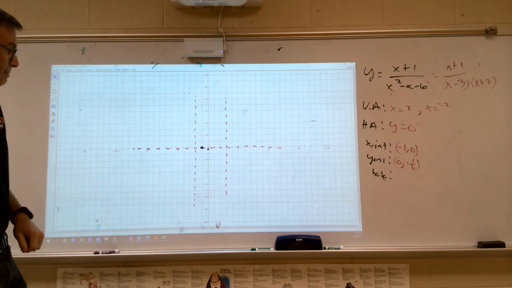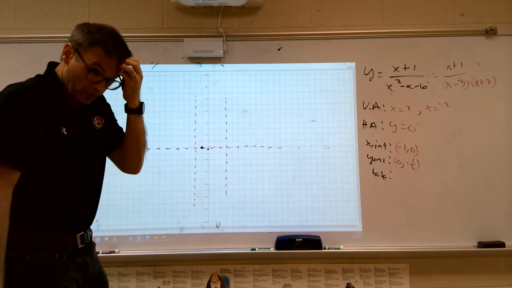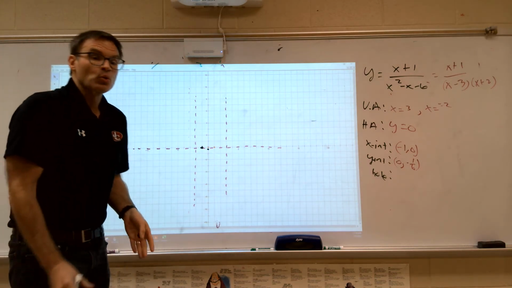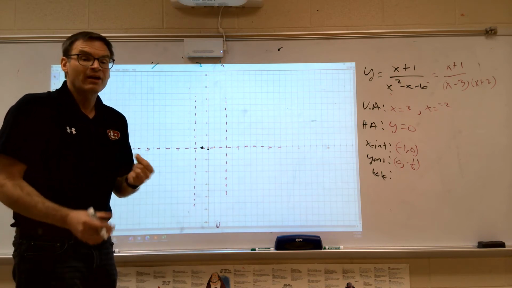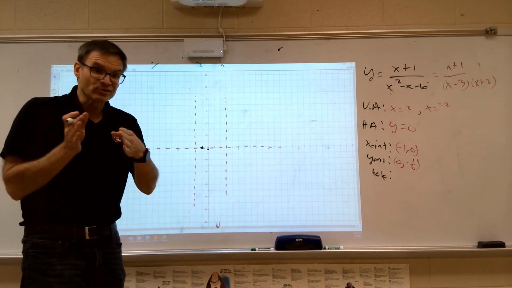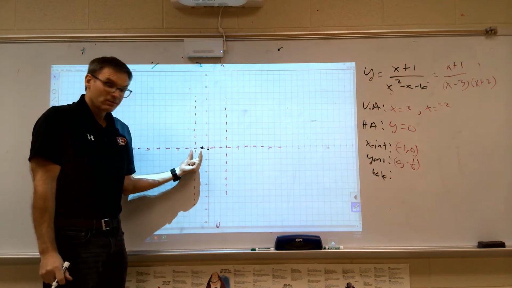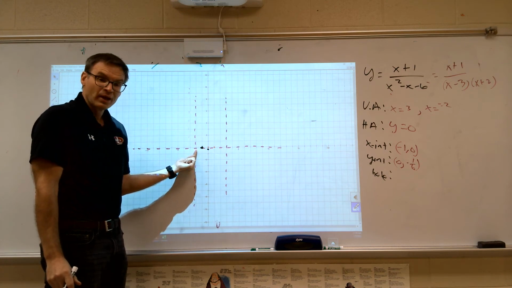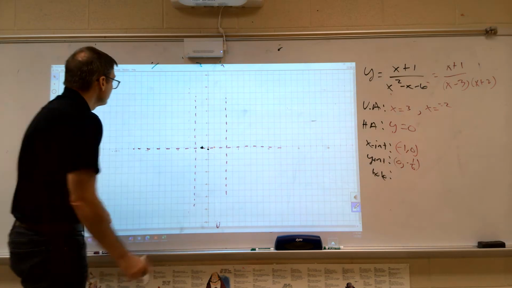All right, and that's all the information we have. And somehow from this we are supposed to generate a picture. Good luck, right? We don't have enough information. So what we do have are these vertical asymptotes, and we have to find out what's happening on either side of the vertical asymptote. Meaning, when I see this asymptote at negative 2, I need to find out what's happening on the left and the right of this.